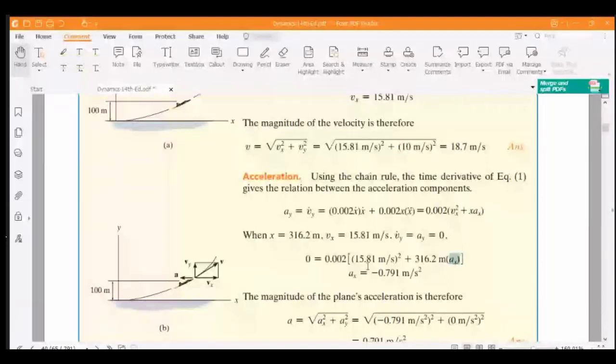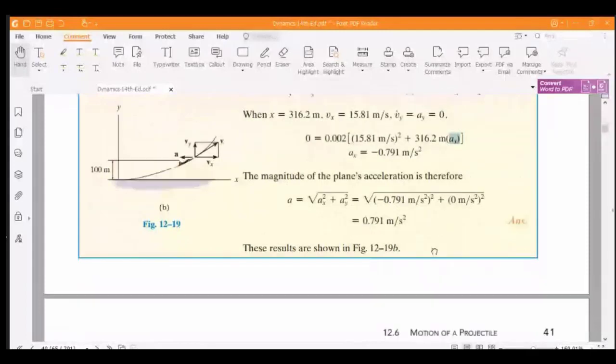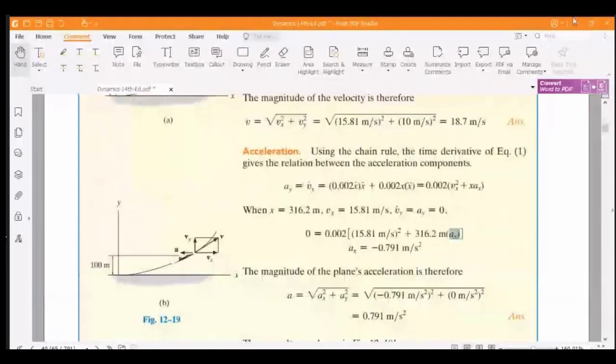So ax, from here only one unknown, we can easily find out, that is minus 0.791 is the value. So ay is this, ax is this, so the magnitude will be the square root of ax squared plus ay squared. Okay, so the result can be shown here. So check it again when you have time at home.